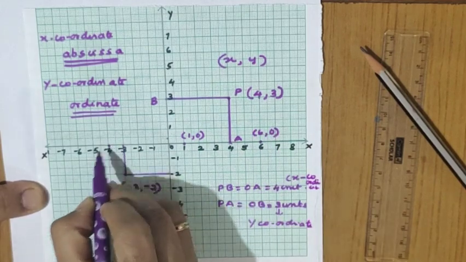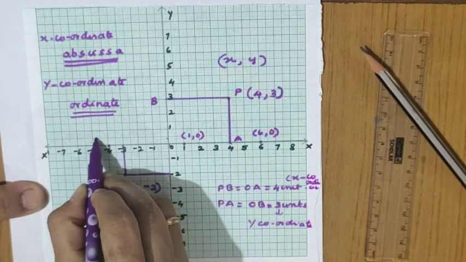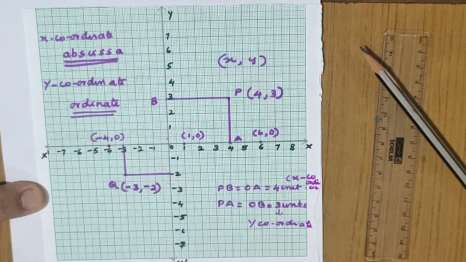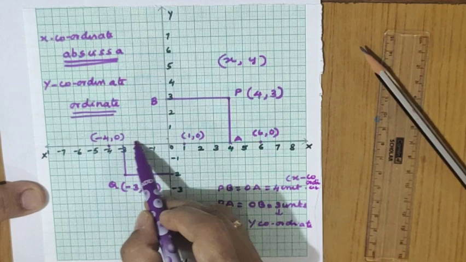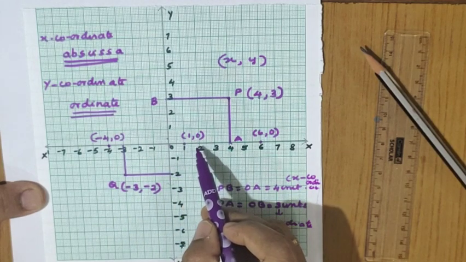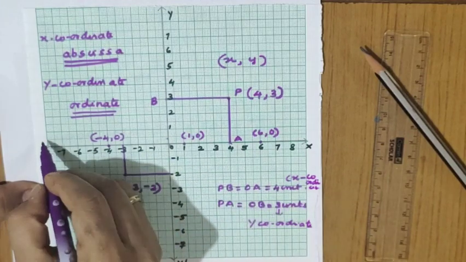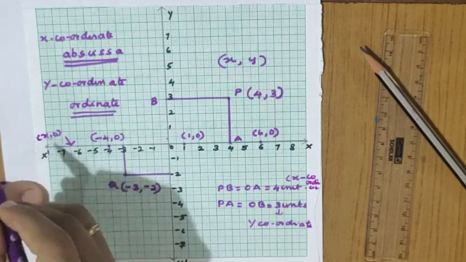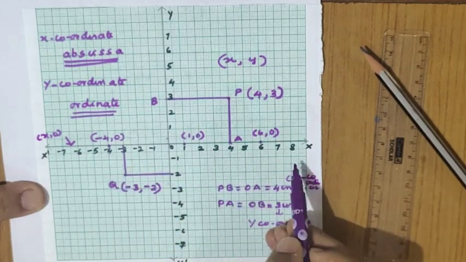Similarly, in the negative direction, I have moved along the x-axis, -4. Again, no movement in the y-axis, so (-4, 0). Understood? So when we are representing any point on the x-axis, the y-coordinate, or ordinate, is always 0. So the general form of a point is (x, 0). x can take any value, but y is always 0 along the x-axis.